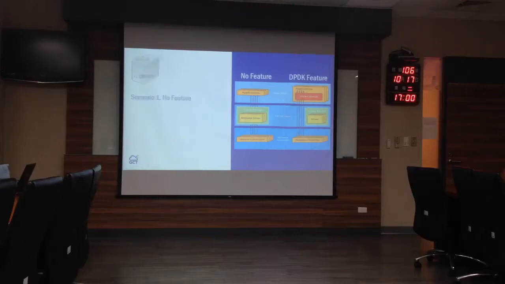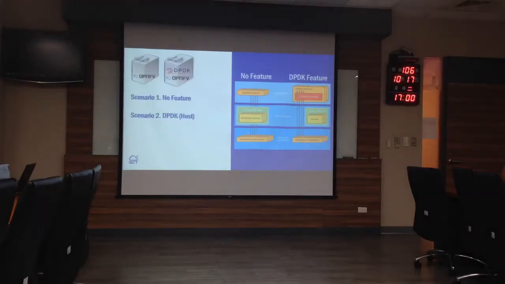So we bring in 3 different scenarios. One is the default, using bare metal, our own machines to run the validation, and then with DPDK on top of the host. And then scenario 3 is both enabled on top of the host and VM.